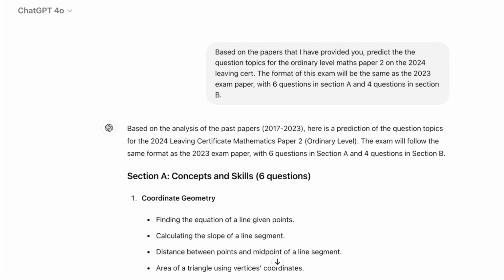Section A, Concepts and Skills, will contain 6 questions. In question 1, expect a focus on coordinate geometry. You'll need to find the equation of a line given points, calculate the slope of a line segment, find the distance between points and the midpoint of a line segment, and find the area of a triangle.